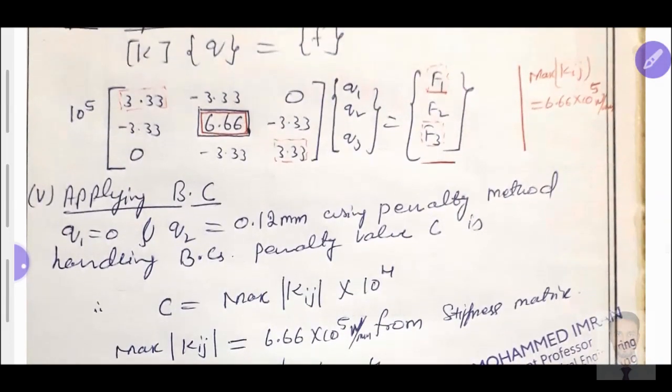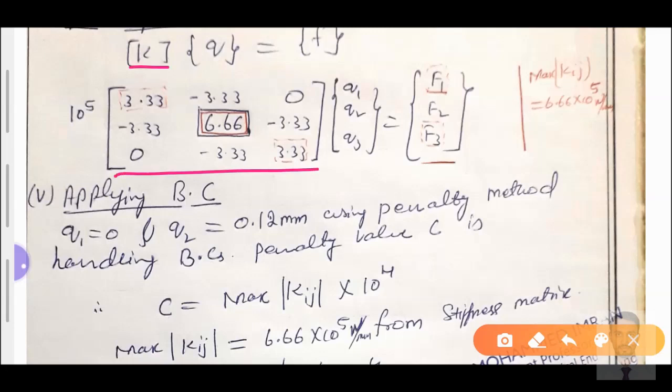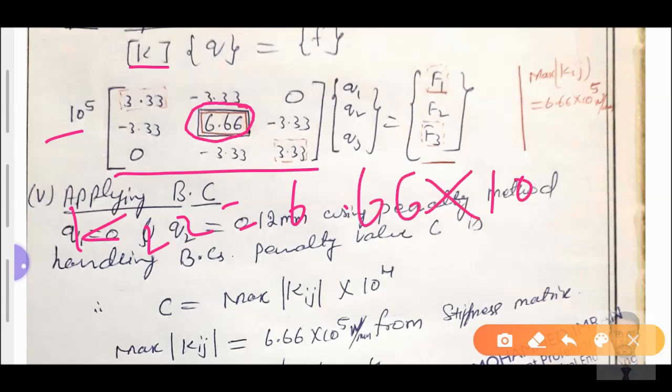This restricted value will not be affected here; we take only the addition of a penalty value. In the penalty method we need to find the largest value available in the K matrix. The K matrix is this one. In this K matrix I have already highlighted the largest value, 6.66 into 10 to the power of 5, that is K22 equals 6.66 into 10 to the power of 5 Newton per millimeter.